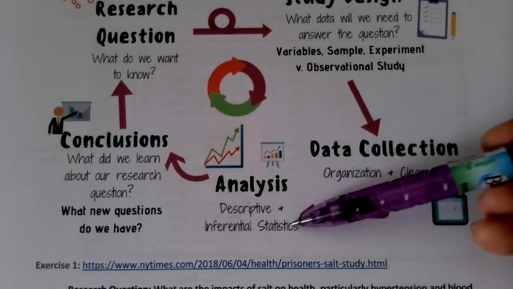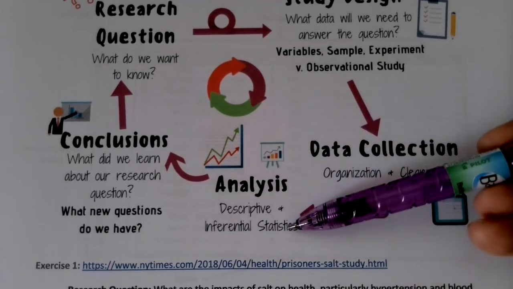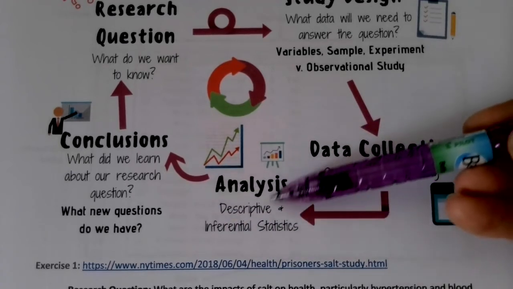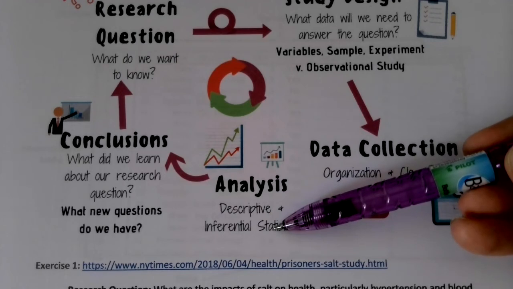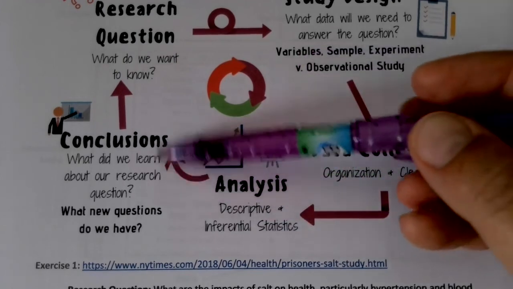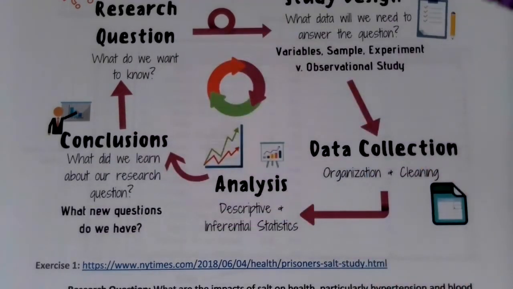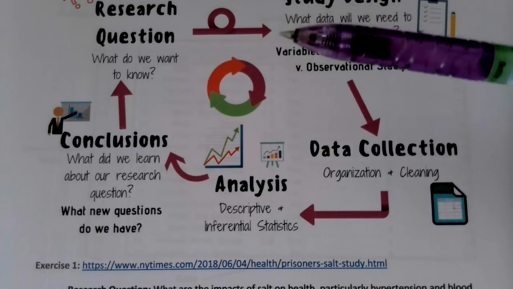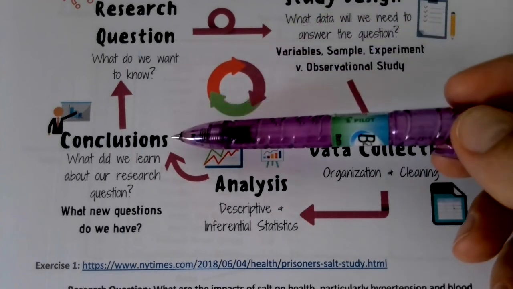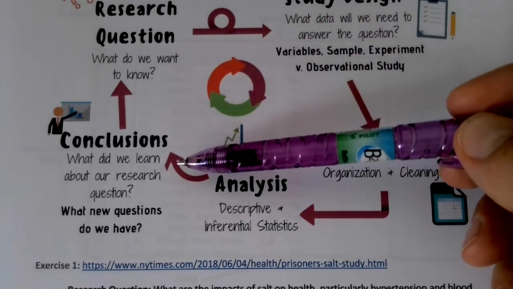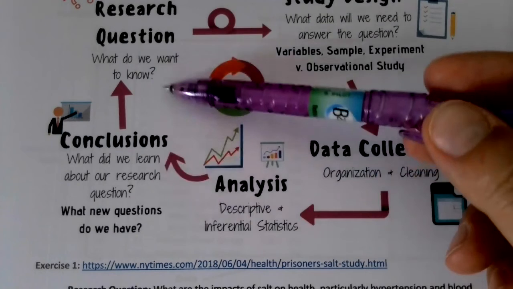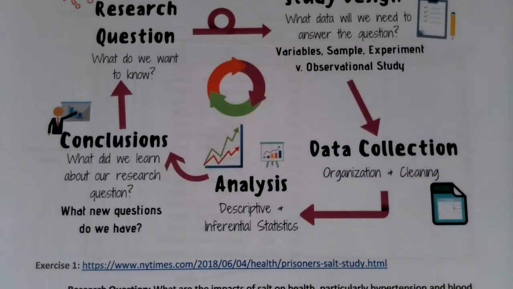That becomes the inferential statistics stage: first descriptive and then inferential. The last, concluding stage is answering the question: what did we learn about the research question? Did we answer our research question? What does our data show about what we want to know?